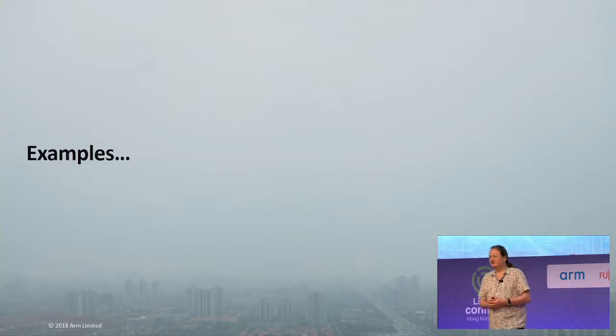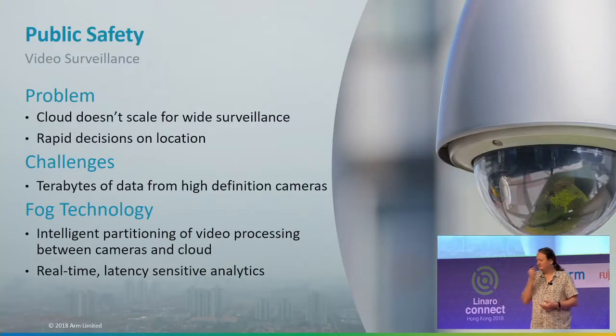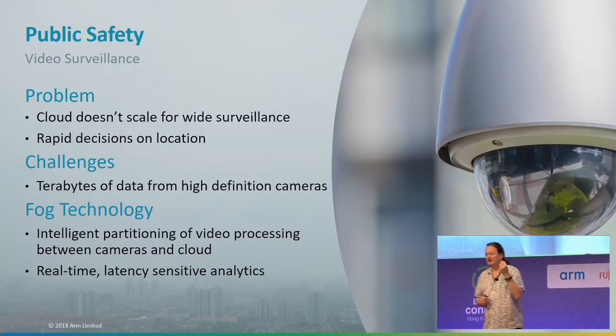So let's take a look at some examples. Video surveillance. So when you think of the amount of data being generated by HD cameras, streaming all of that data to a cloud service is not going to be cost effective, and there probably isn't enough bandwidth in the world to be able to do that on a city scale.